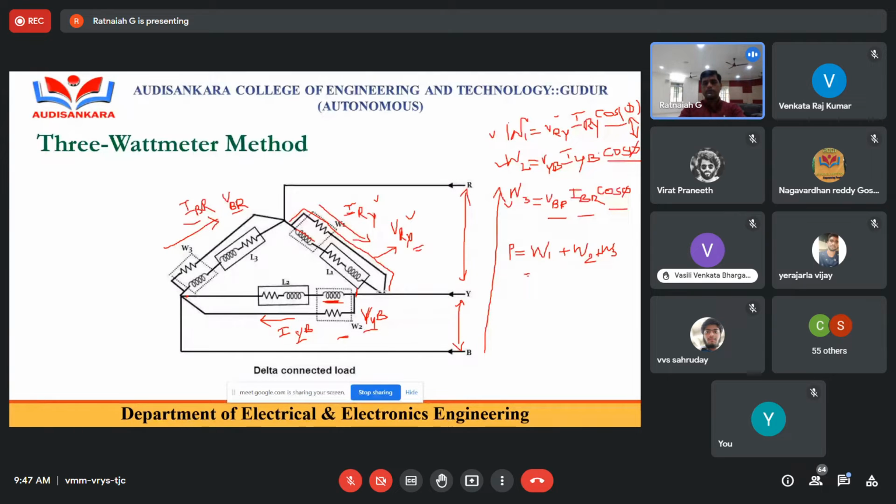So what is W1? VRY, IRY into cos phi. Generally, VRY is a line voltage or phase voltage, because in case of delta connection, the line and phase voltages are the same. But IRY is a phase current, not the line current. Therefore, I can take this as V phase, I phase into cos phi.